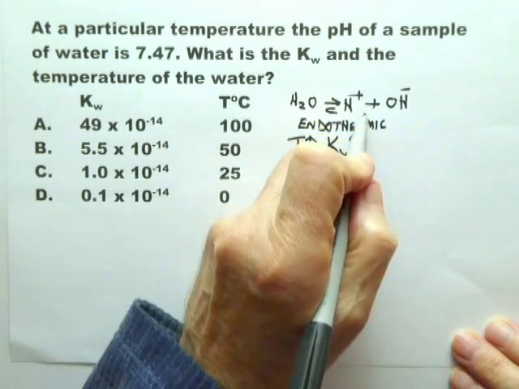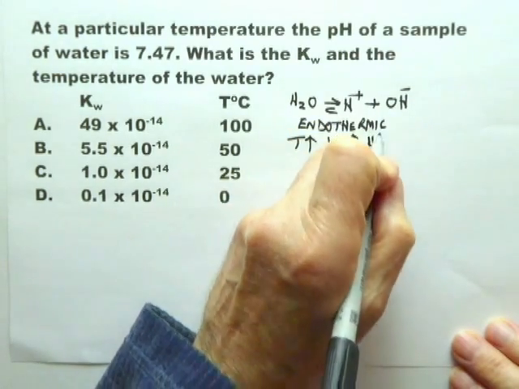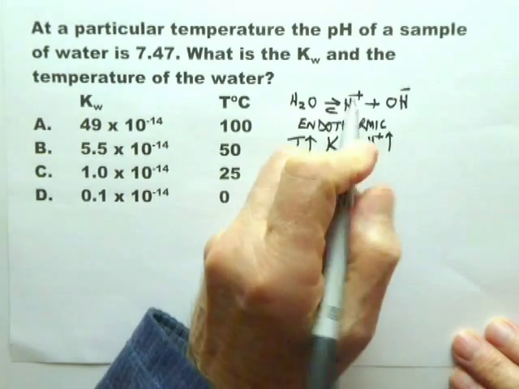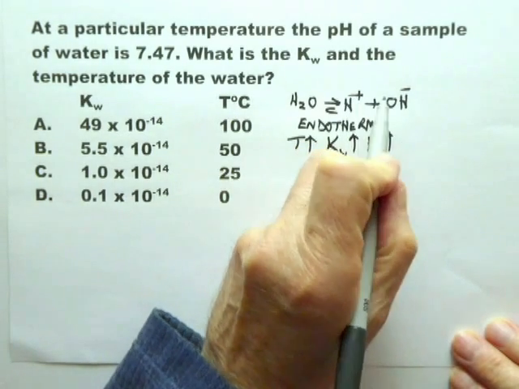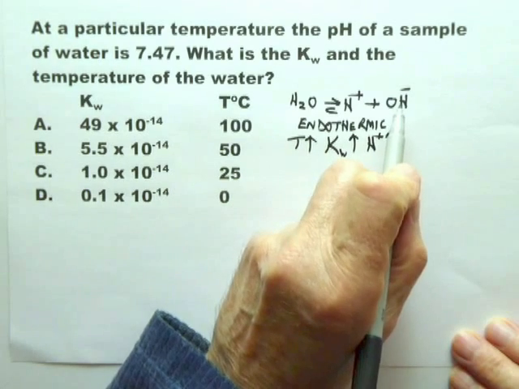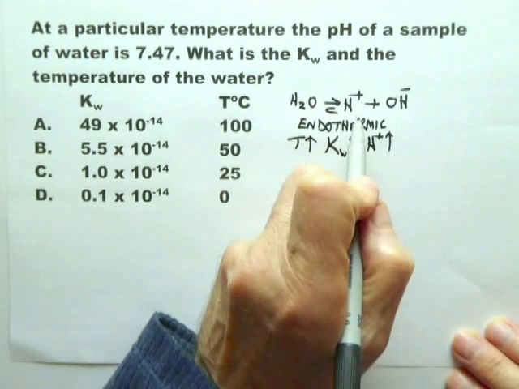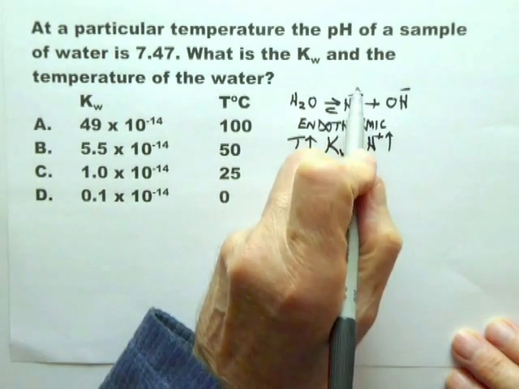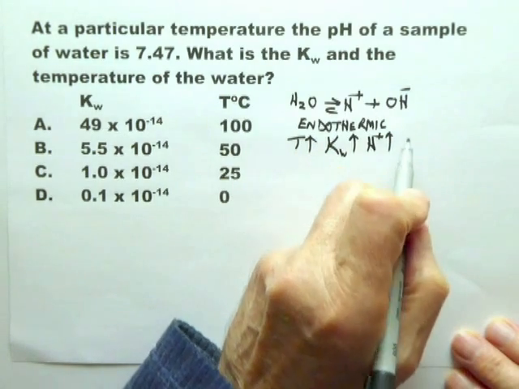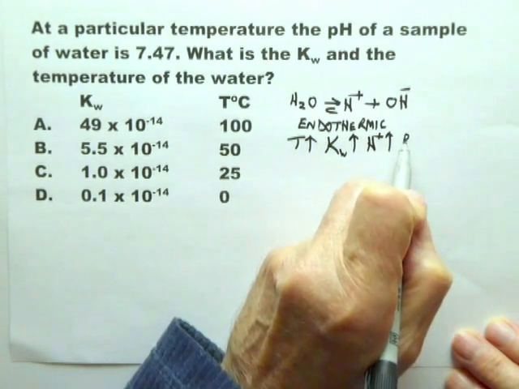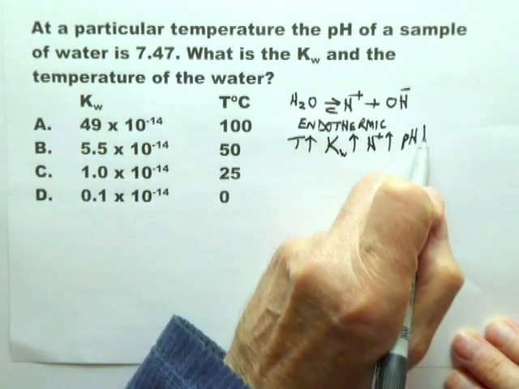This means the concentration of H plus rises. Of course, the concentration of H plus is always equal to the concentration of OH minus in water, but for the moment we don't have to bother with the OH minus. We're just looking at the concentration of H plus. That rises. As concentration of H plus rises, the pH falls.